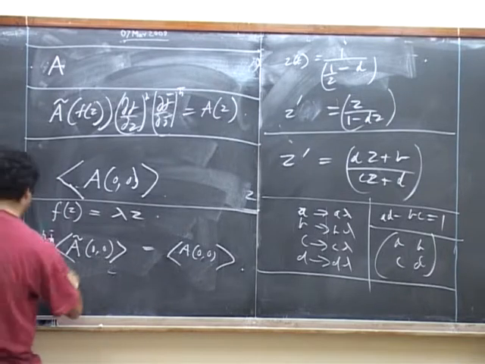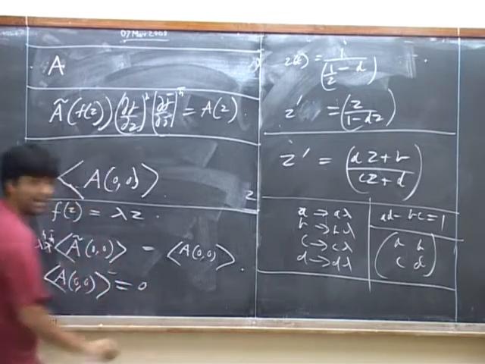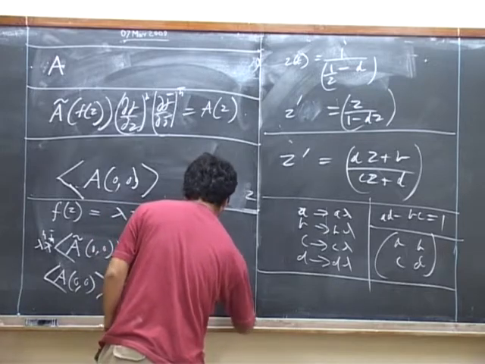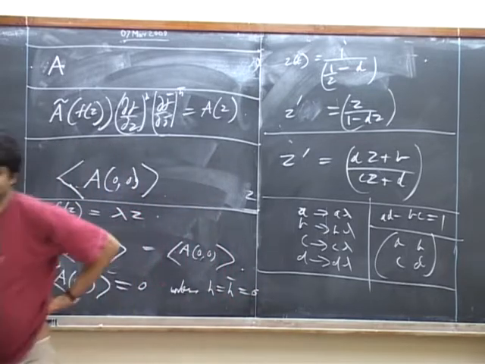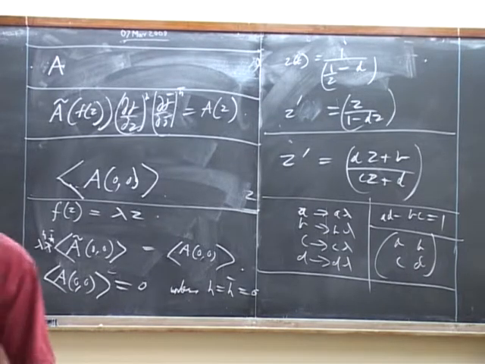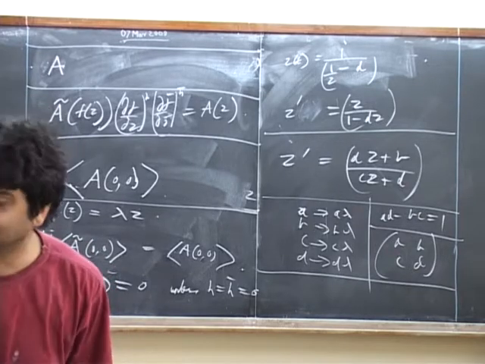the conclusion that A(0,0) is equal to 0 unless, by taking these two to the same side and subtracting, either A is 0 or 1 minus λ^h λ̄^h̄ is 0, which is only 0 if h and h̄ are both 0.